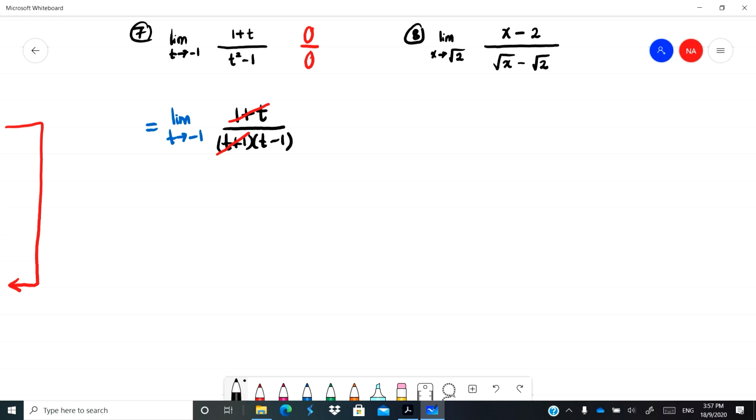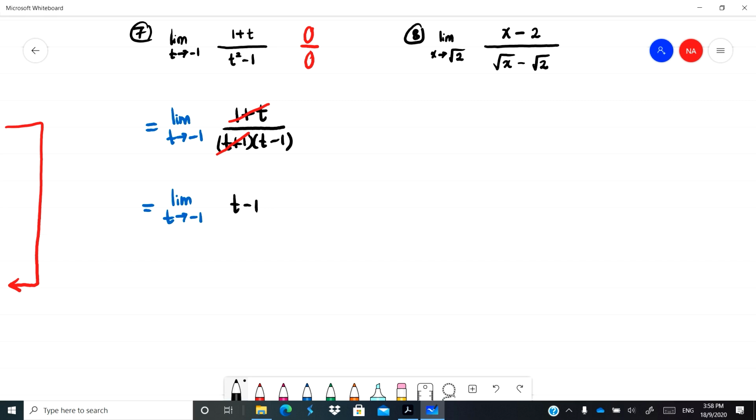All right, you have not substituted the value of t with -1 yet, so please write this limit as t approaching -1. The common mistake that students make when they cancel is that they simply write t minus 1. This is not the same as 1 over t minus 1. This is wrong.